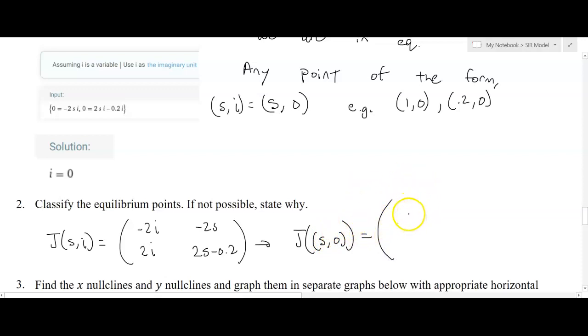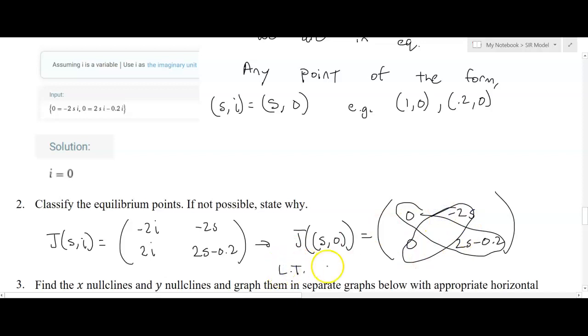If I plug in 0 for I, I'll have 0, negative 2s, 0, and 2s minus 0.2. And so I see that the determinant is 0, because 0 times this will be 0 minus 0 times this will be 0. So the linearization theorem doesn't tell us anything. Bummer.